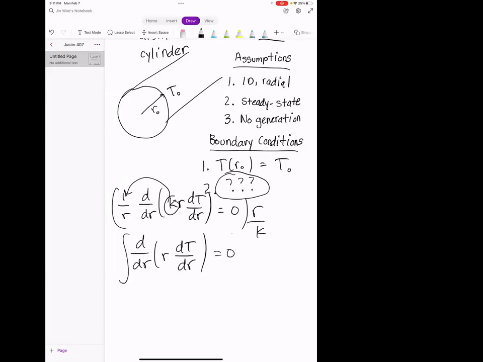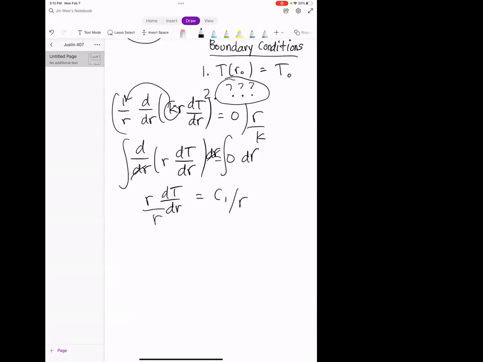We integrate to get rid of this d dr, so we have r dT dr is equal to C1. Divide both sides by r: dT dr is equal to C1 over r. We integrate one more time: T of r is equal to C1 ln of r plus C2.